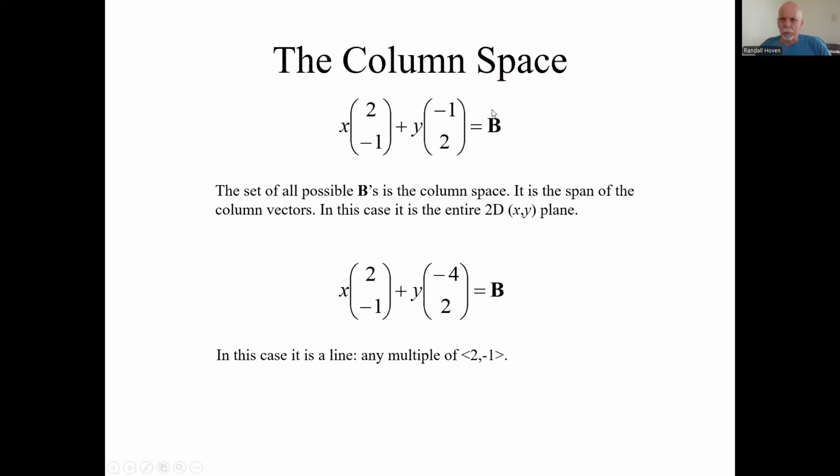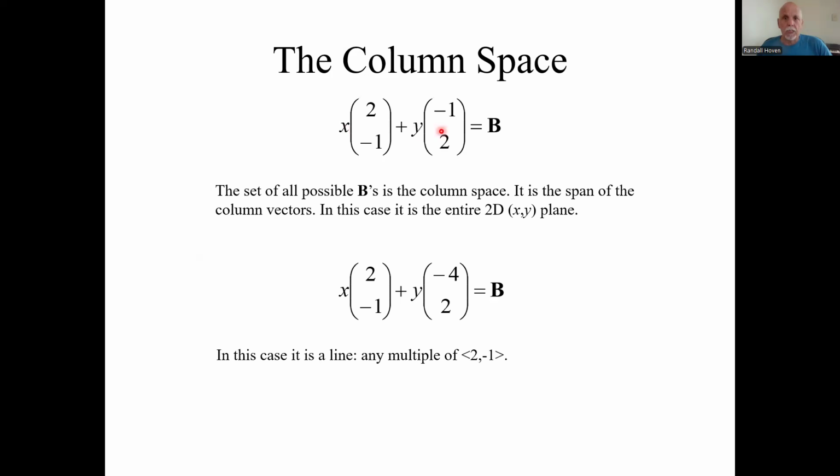Definition of the column space is everything you could hit on the right side with these column vectors. There'd be some linear combination of these column vectors that would give you your column space. In this case, these 2 vectors, since they're not scalar multiples of each other, are linearly independent.